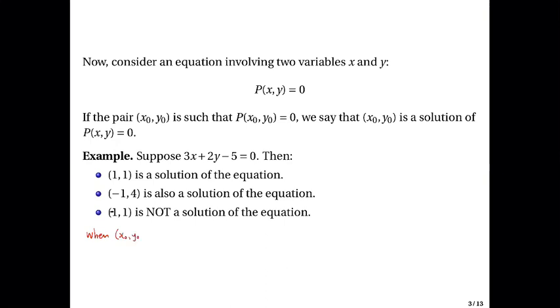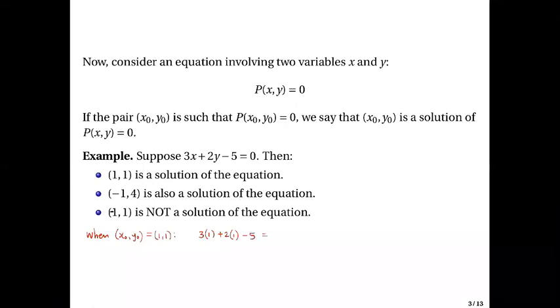X sub 0, y sub 0 is the pair 1 comma 1. Okay, so we replace your x with 1 and your y with 1. Okay, we will get 3 times 1 plus 2 times 1 minus 5.